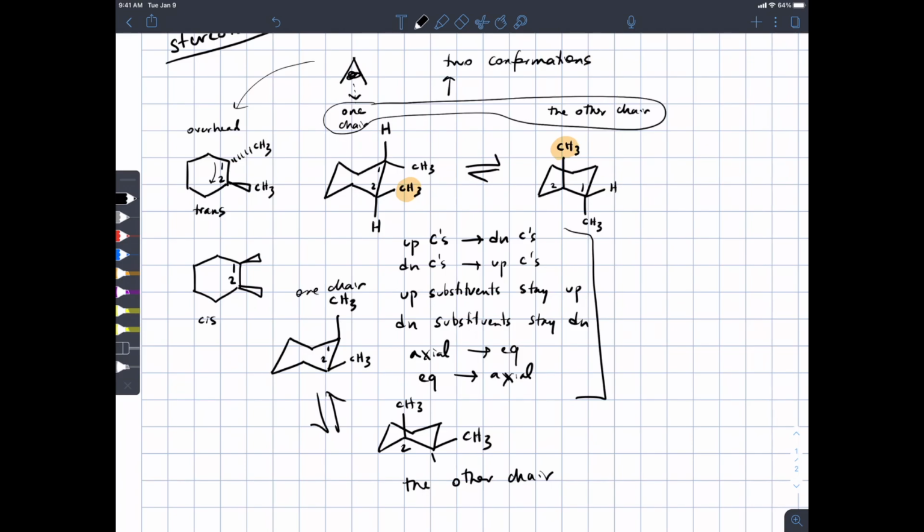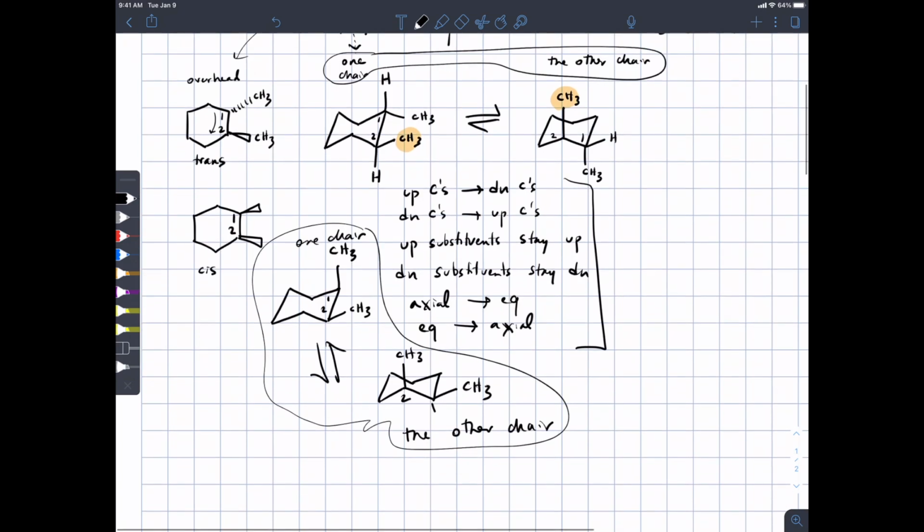So two conformations of the trans stereoisomer. And these are two different conformations of the cis stereoisomer.